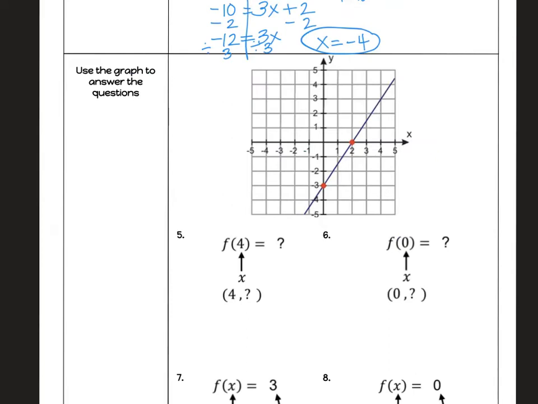For these next few questions, we're going to use the function on the graph to help us answer the questions. So first, let's look at number 5. 5 says, f of 4 equals what? So this 4 is our x value, so it's asking what would the y value be when x is 4.